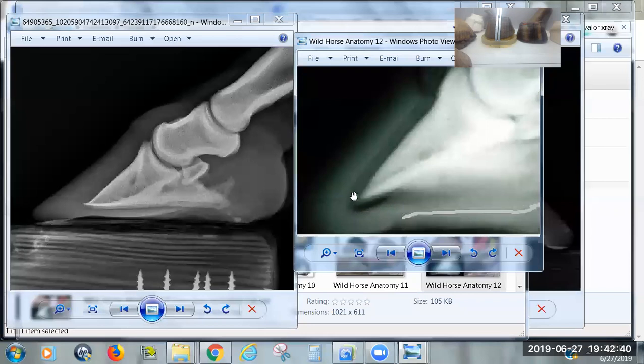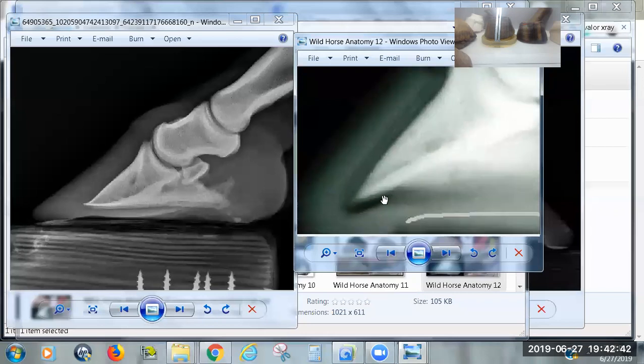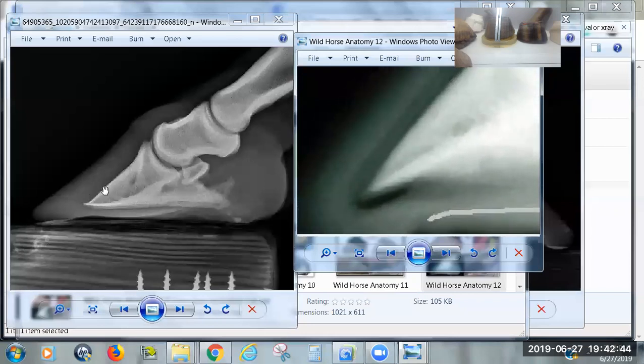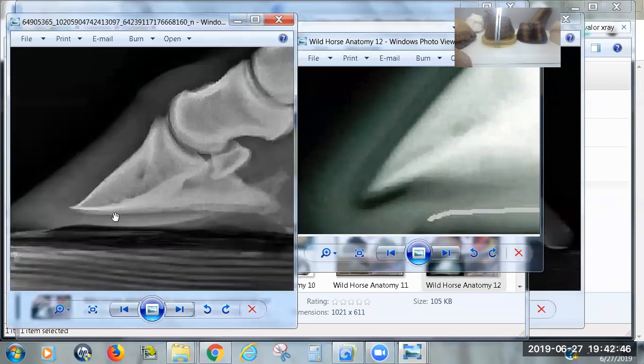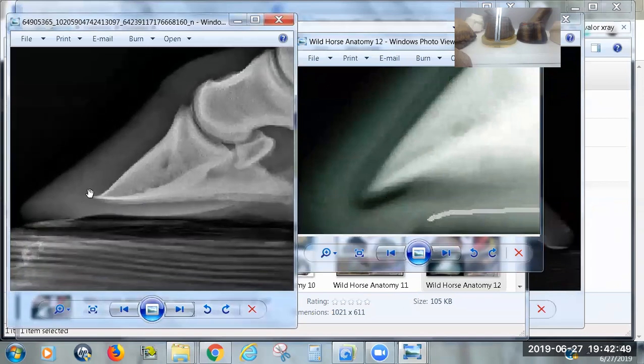Now look at the shadow area here. The difference. I know the quality changes each time it's downloaded, but that's not it. I'm trying to show you something here. It has nothing to do with the quality of the picture.